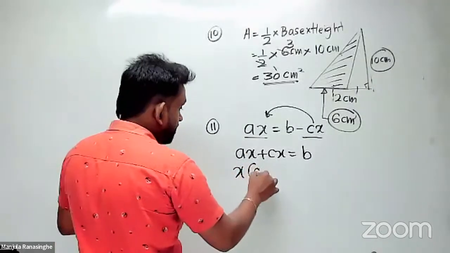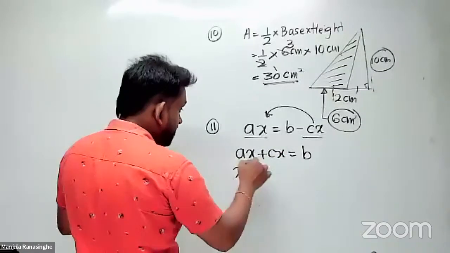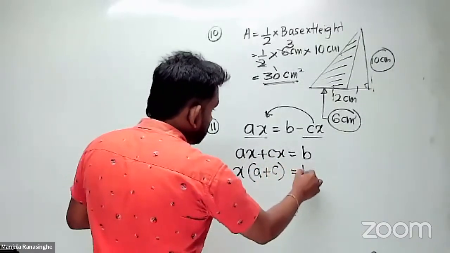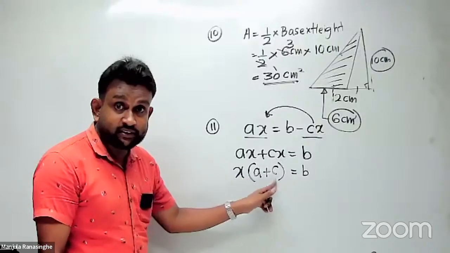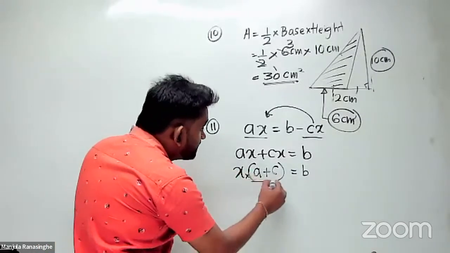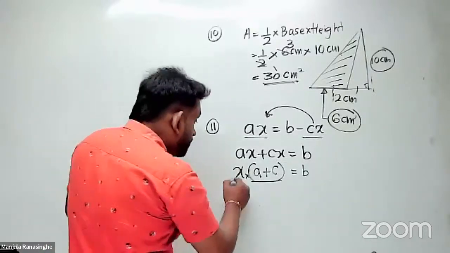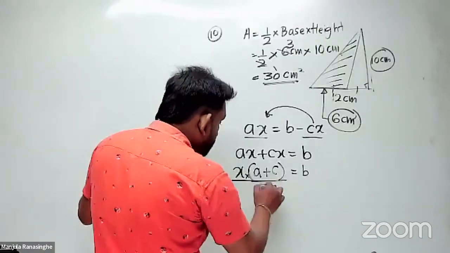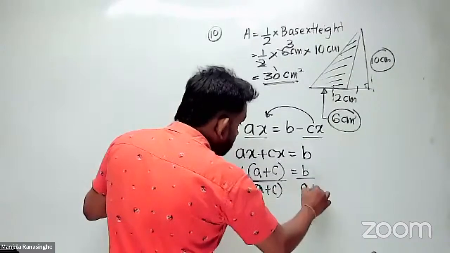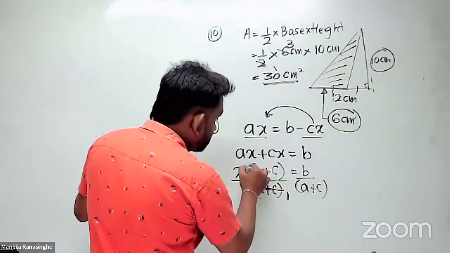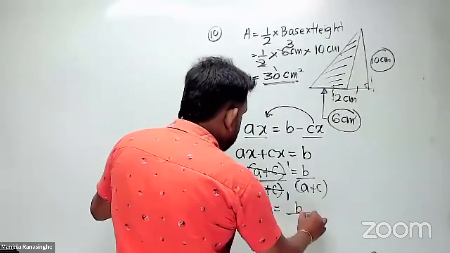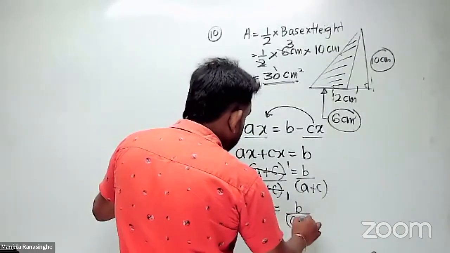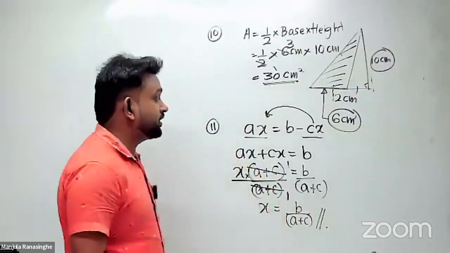Then x is taken out, here a is isolated, plus c, equals b. Now x is multiplied with a plus c, this is the expression. So I divide by a plus c on both sides. Then a plus c cancels. Then x is subjected as b upon a plus c. b upon a plus c. Remember how we did it.